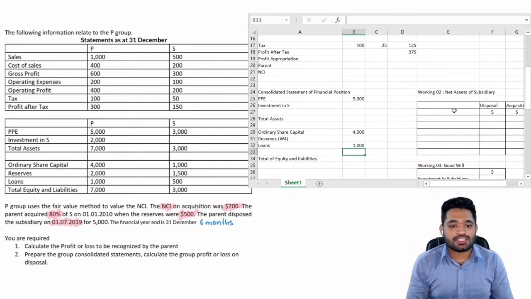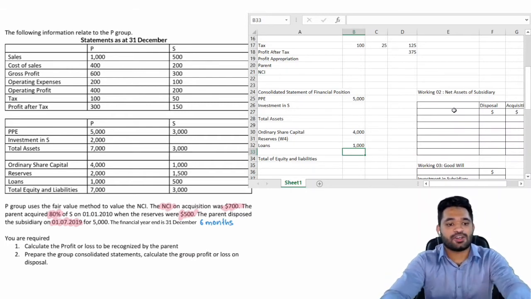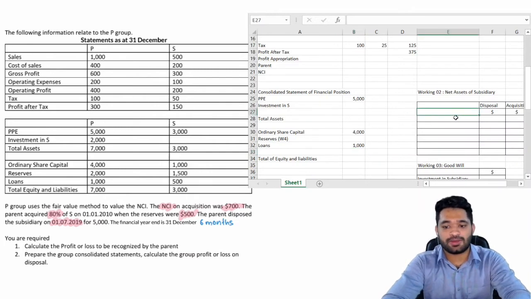So we'll calculate the net assets of the subsidiary. So when you look at the subsidiary, the net assets are going to be the ordinary share capital. So you have the share capital.